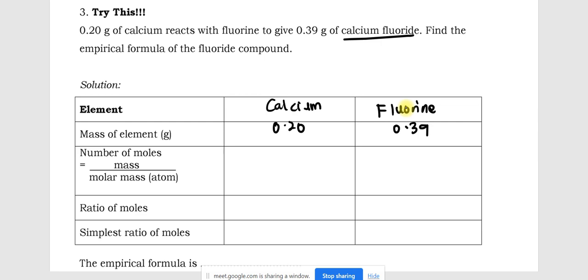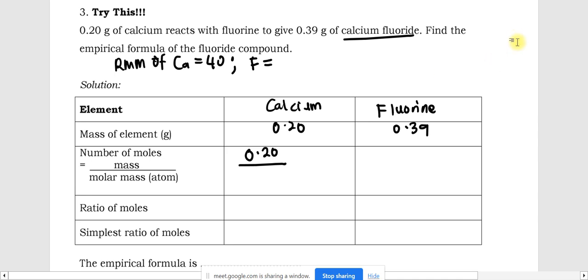Then 0.20 you divide by calcium's RMM, which is 40. And fluorine, guess. Fluorine is 19.